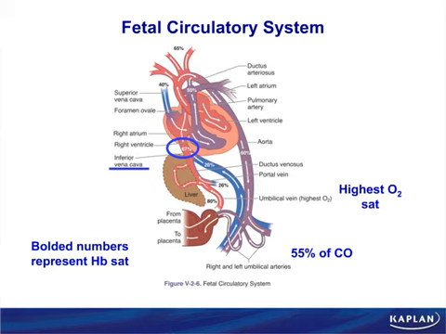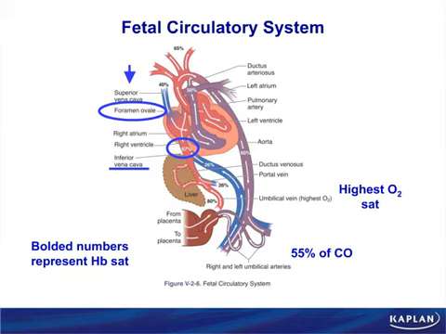Now, most of this blood will go into the right atrium and then directly into the left atrium via the foramen ovale. From there, the left atrium goes to the left ventricle, which gets pumped into the aorta. Now, the blood being drained from the superior parts of the body, from the head, gets drained by the superior vena cava. And notice that we only have about 40% saturation. Most of this blood flow goes to the right atrium, then to the right ventricle, and is pumped into the pulmonary artery.